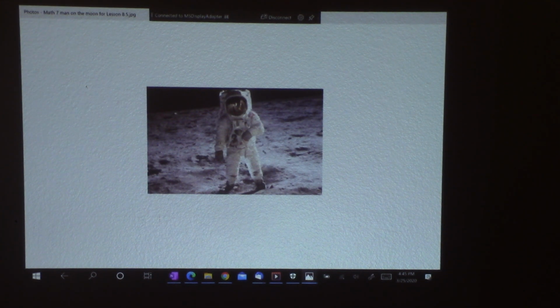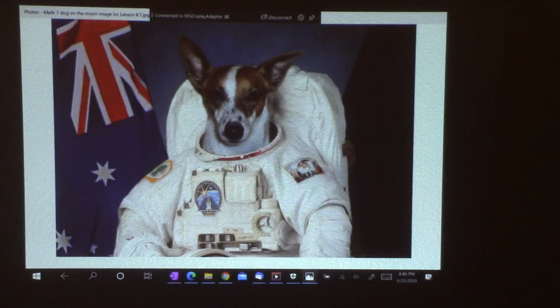There's so much less gravity there that everything weighs less, and people can make big, huge jumps. And I saw this other picture I thought was funny. Look at the dog. Can you imagine, in a spacesuit, hopping and walking on the moon? That's what we're talking about.